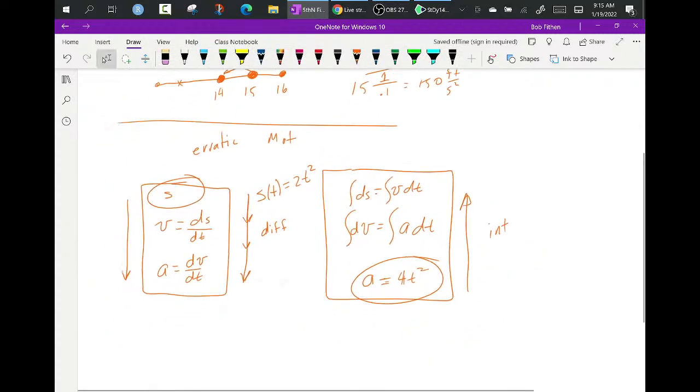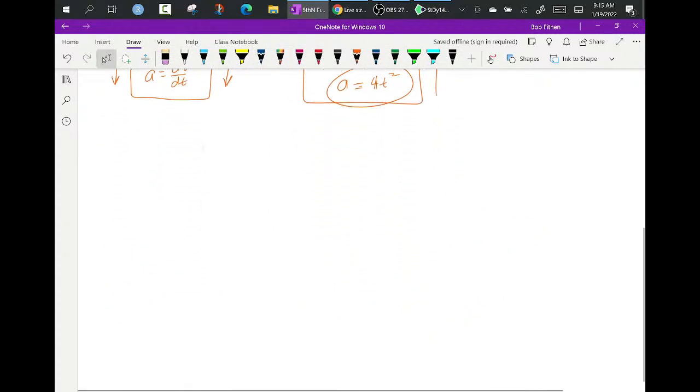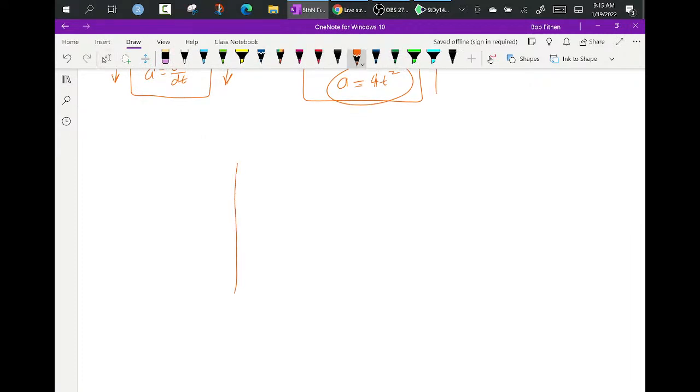Okay, so let's take a case that sits across the entire spectrum here. Velocity versus t.